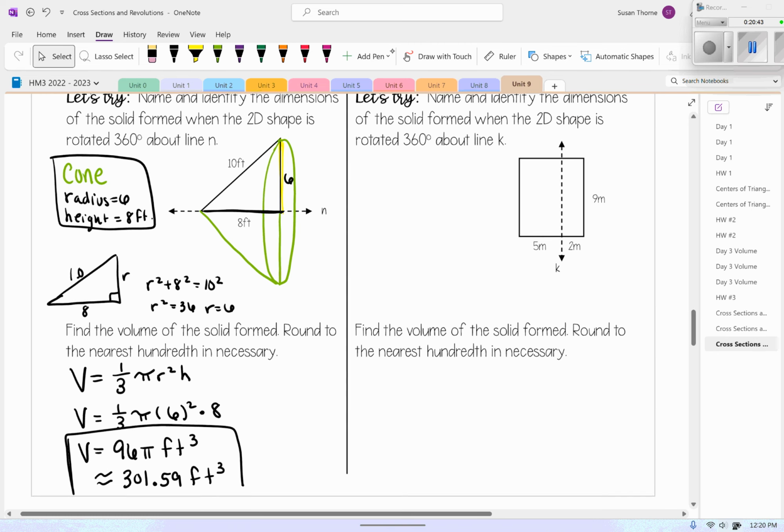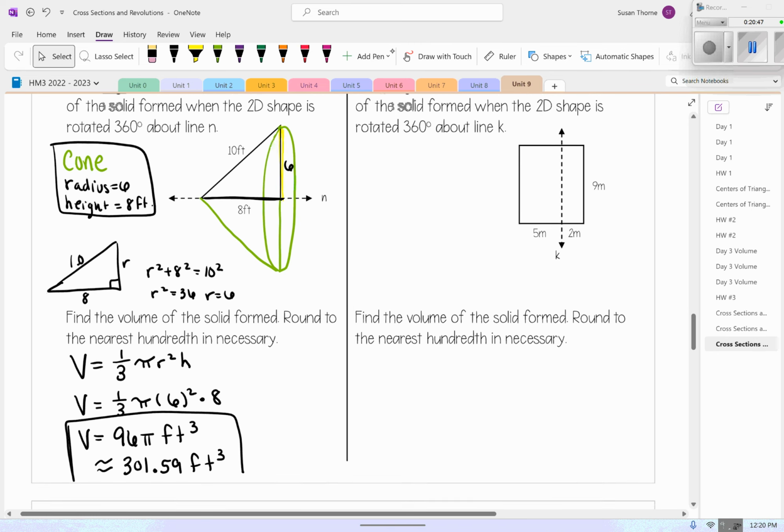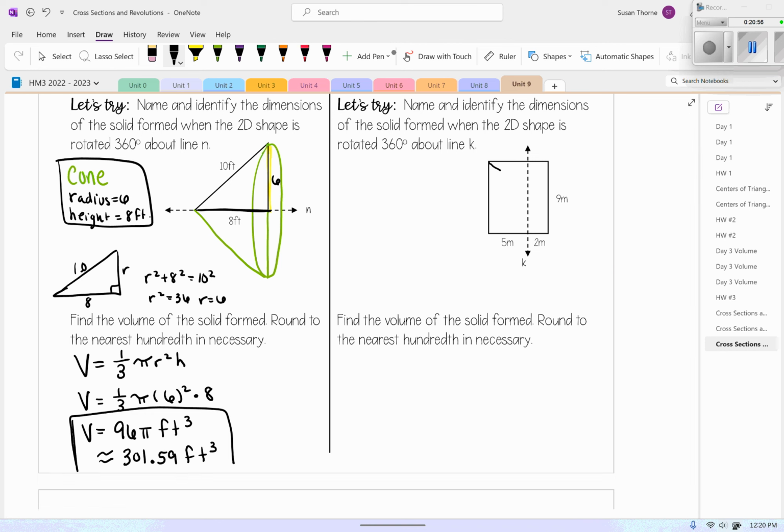For the next one, it says name and identify the dimensions of the solid form when the 2D shape is rotated 360 degrees about the line K. So if we rotate this around, I'm going to make this go out to 5. It's going to go like this.